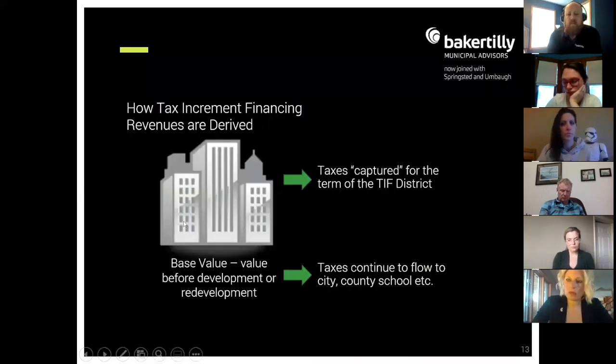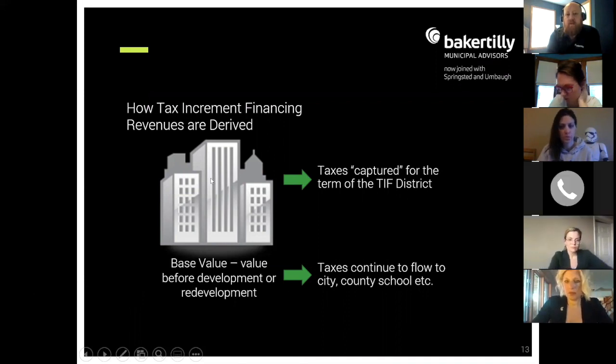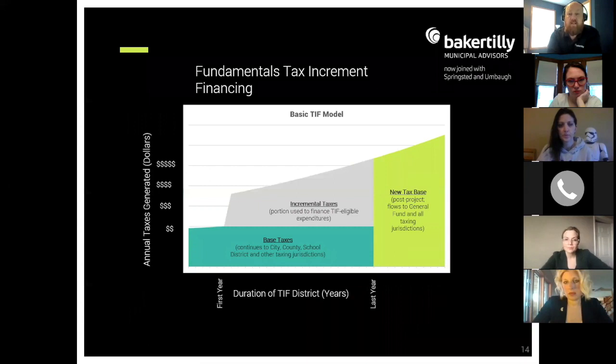So again, a little more visually, the base value stays in place. Our new building comes online, and the new taxes generated off of that new value are captured for the term of the TIF district and set aside as tax increment revenue. Here you've got the aqua color as the base taxes, and this shows it again over time. You have the district creation, you have the length of the district, then you have the end.